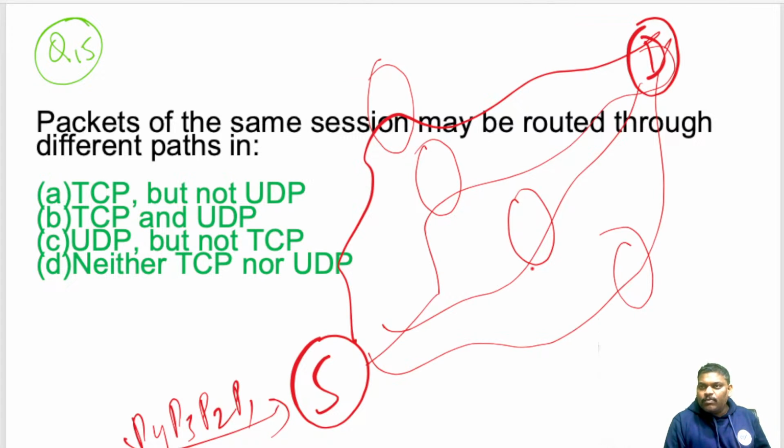It is a very interesting one. Please listen, everyone. Having 4 packets, will those 4 packets go on different paths or the same path?